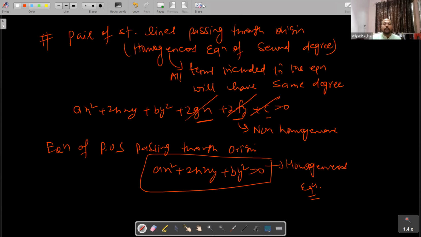Okay, now I'll show you with one example. Suppose I take two lines, 2x minus y equal to 0 and 3x plus 2y equal to 0. This is equation 1, this is equation 2. Just multiply these two equations. 2x minus y into 3x plus 2y equal to 0.